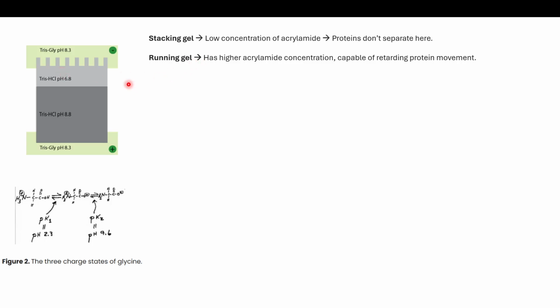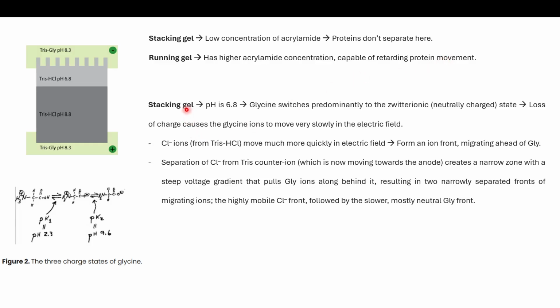Then you have the resolving or running gel, which has a higher acrylamide concentration capable of retarding protein movement. Earlier we looked at the titration curves for glycine and how it exists in different charged forms. That is applied here to separate different kinds of proteins.